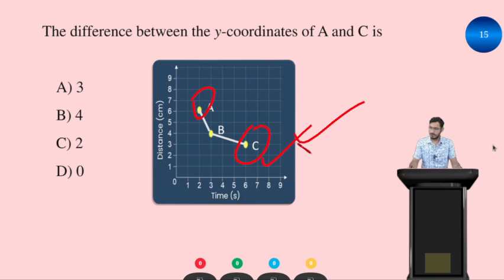Yes. So students, first we will find the coordinates of point A and point C. The y coordinates of points A and C will be, yes. Okay, times up students, the right answer is here.